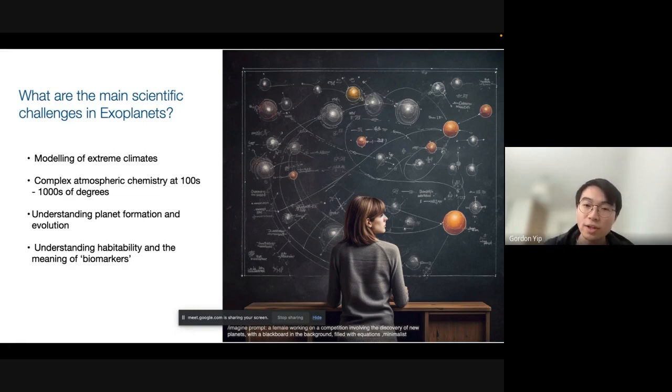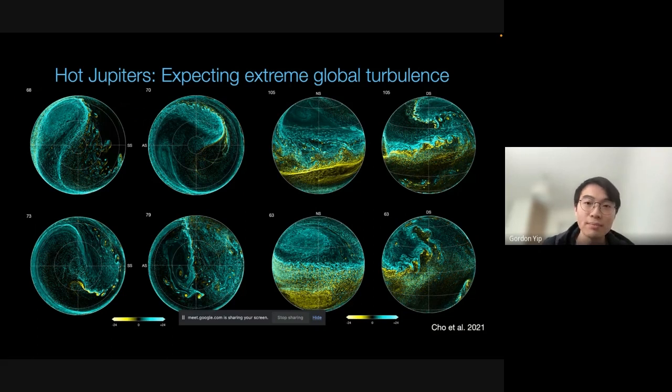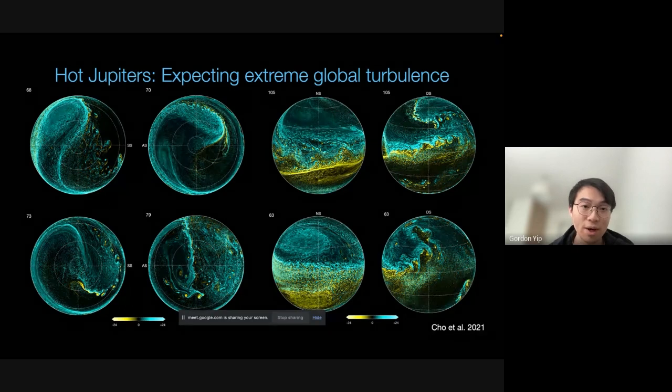So to give you a visualization of what we mean by these challenges, this is a simulation from Cho et al. 2021, where he built a GCM, a global circulation model, which is a 3D representation of a planet, and we use similar forms of it in predicting our weather.